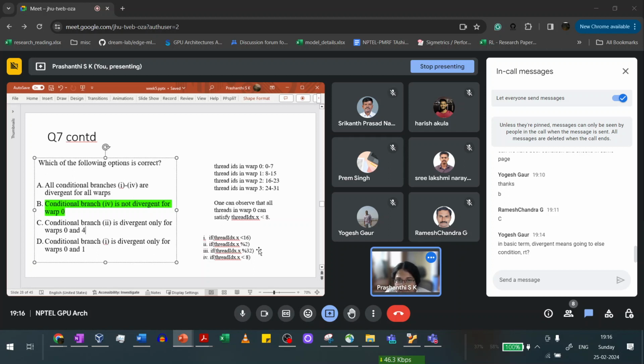That's all you need to do. These are very simple operations, less than and modulus. You can try this out and you'll see why B is the right answer. We have more questions like this also, so that should help you understand it better.